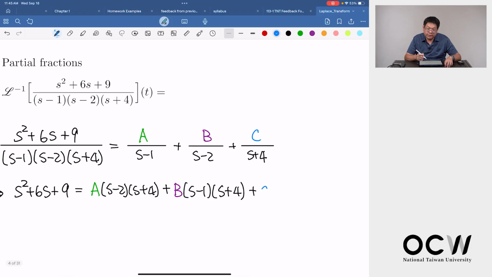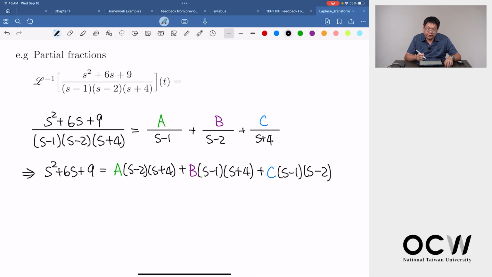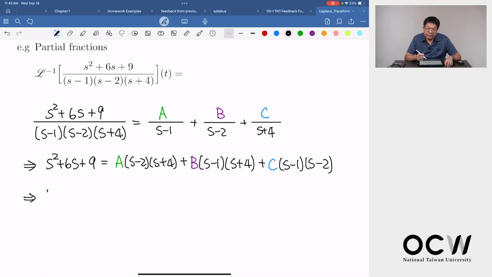Last one is c, s minus 1, s minus 2. When you compare the s squared and the s and the constant term, you will get a is minus 16 over 5, b is 25 over 6, c is 1 over 30.